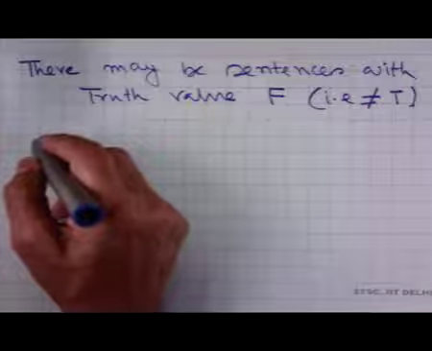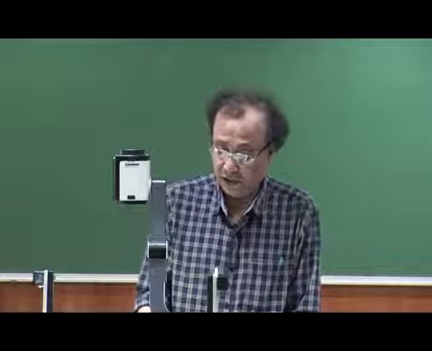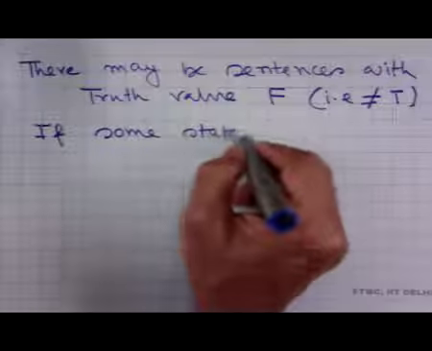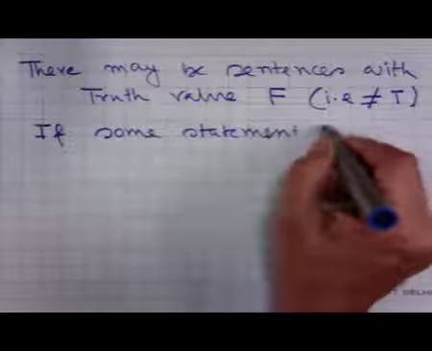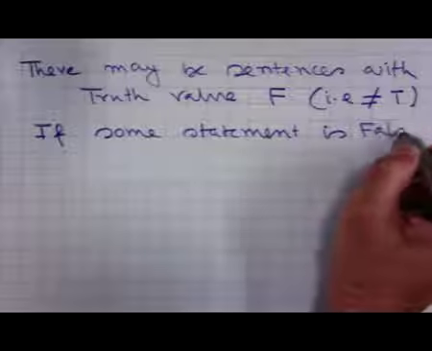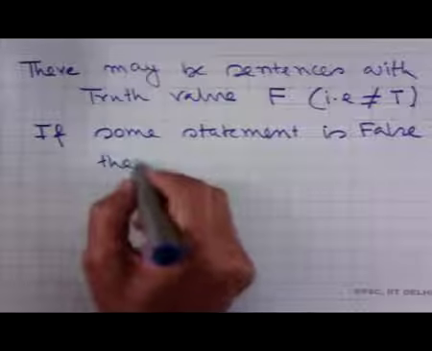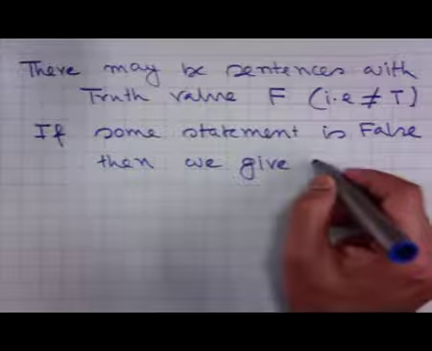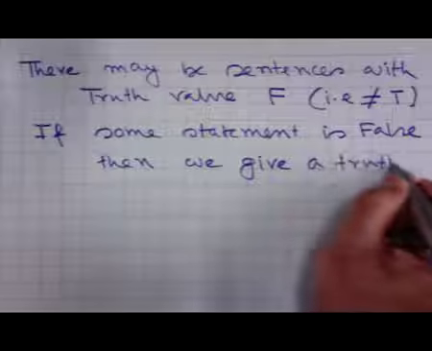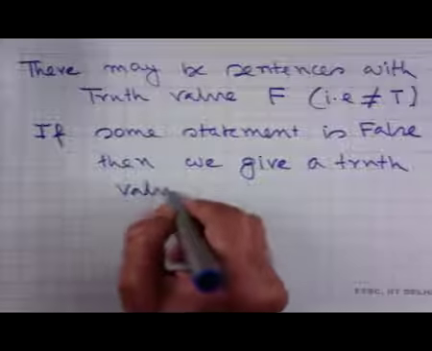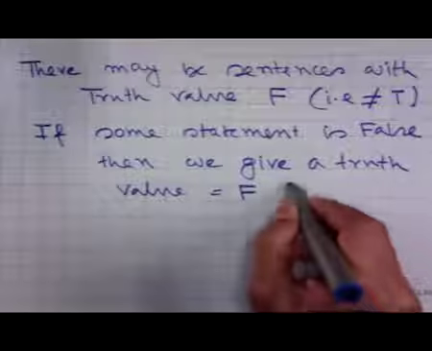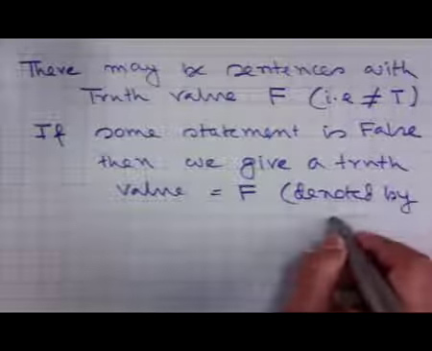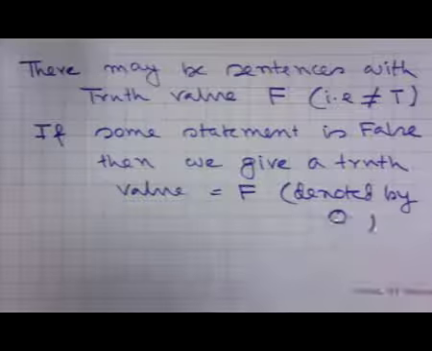So, if some statement is false, then we give a truth value denoted by 0.